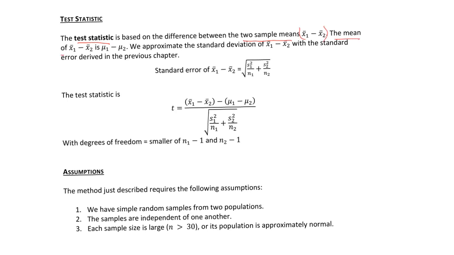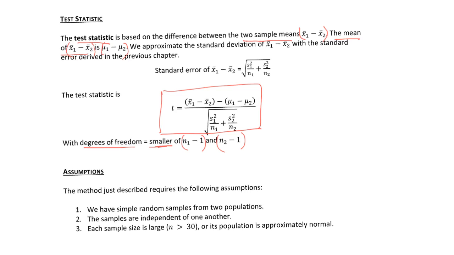The mean of the difference between two sample means is the difference between the two population means. This is the formula we use for the test statistic, and the degrees of freedom will be the smaller of n1 minus 1 and n2 minus 1.